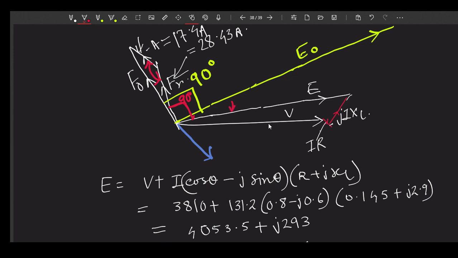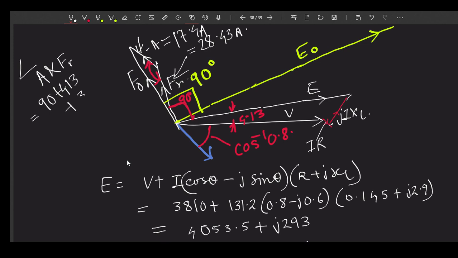If we measure this angle which is already here, that is 4.13, and this much is cos inverse 0.8, so the angle between A and FR is 90 plus 4.13 plus 36.87.